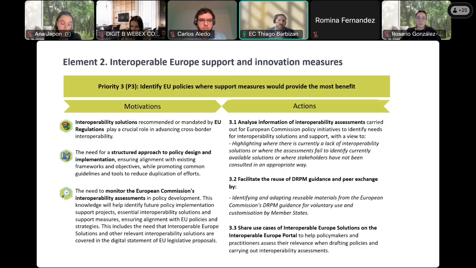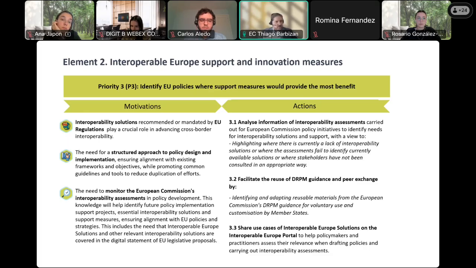And here you have 3 actions under this priority, which is the identification of EU policies where support measures would provide the most benefit. So what does that mean? It means that we will look into interoperability assessments that were carried out by European Commission policy initiatives to then identify needs for solutions and support measures.